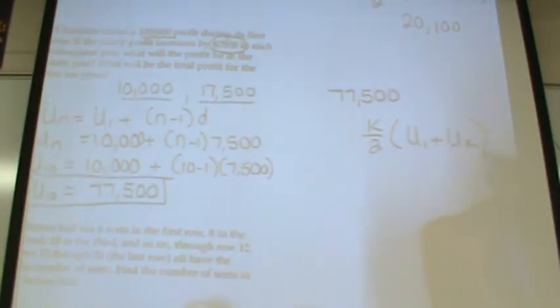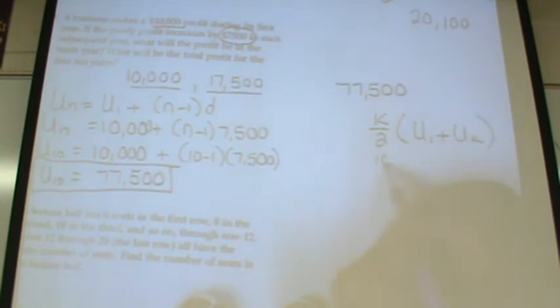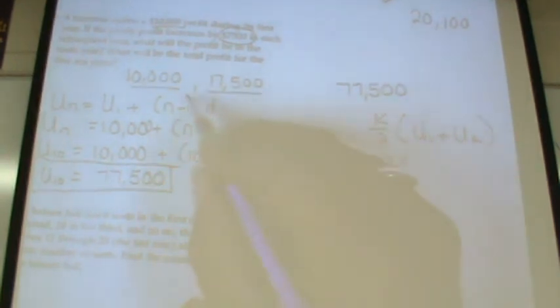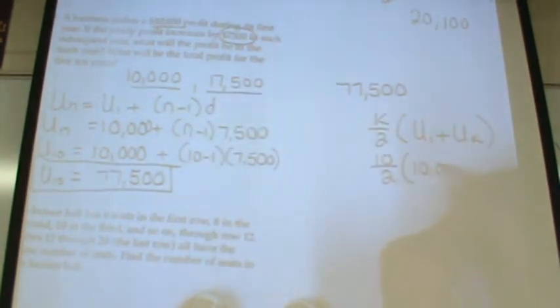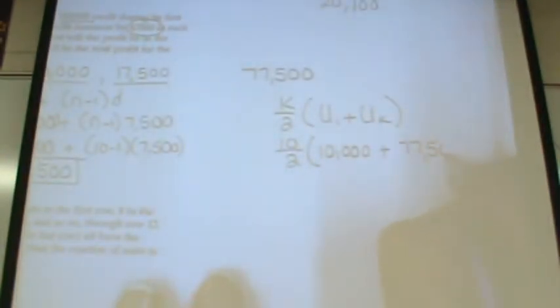How many terms are you adding together? Well, 10 years. We started off making $10,000 profit, and in the 10th year we made $77,500. So we have $87,500, and then we're going to multiply this by 5. 437,500. Times 5, is that right?